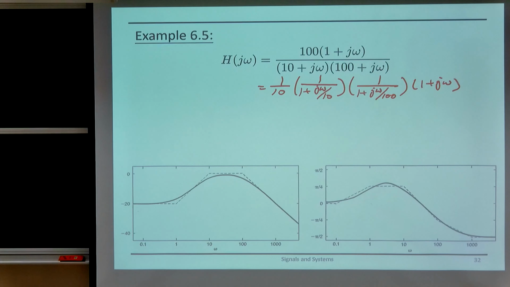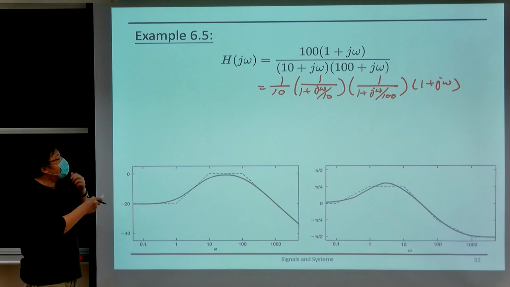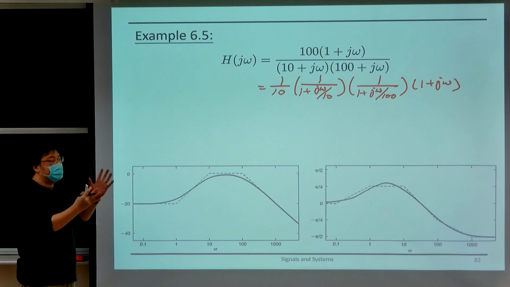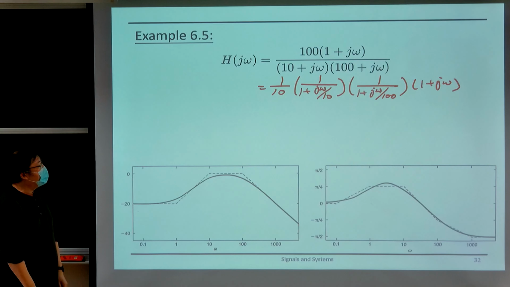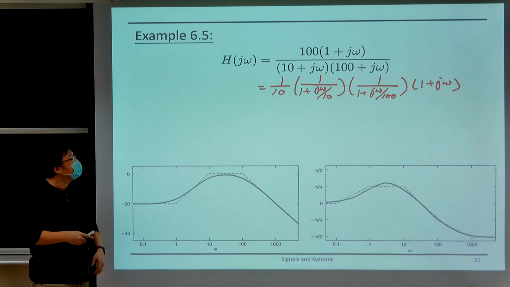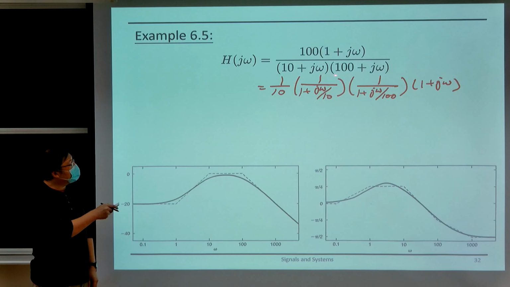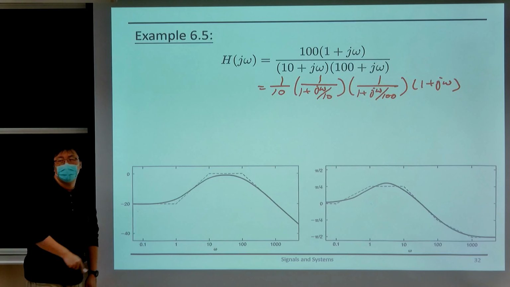So you can verify this by multiplying them together. You'll see that this is indeed what we have on the top here. But the main point is that now the frequency response of this system can actually be viewed as cascading three systems, one with frequency response this, the second with response this, and the third with response this.